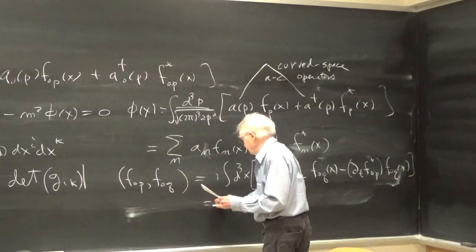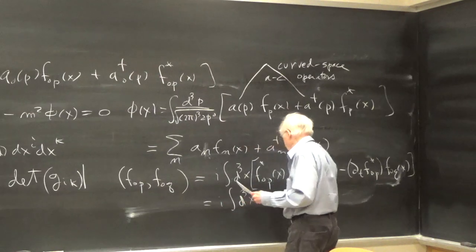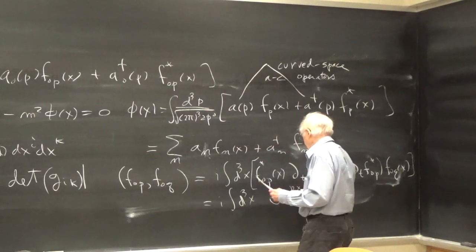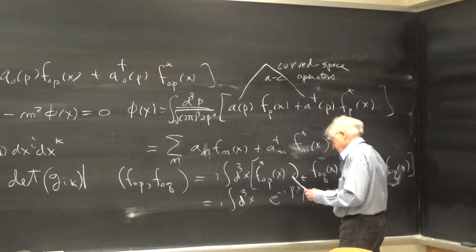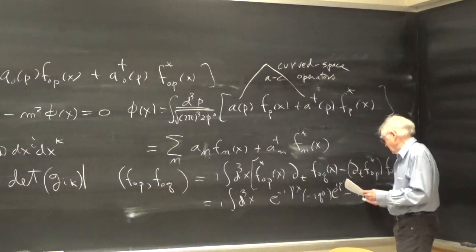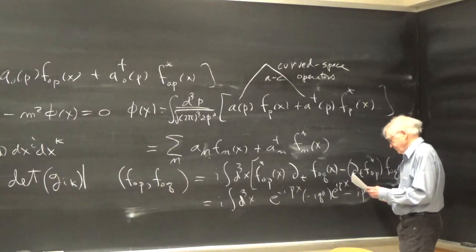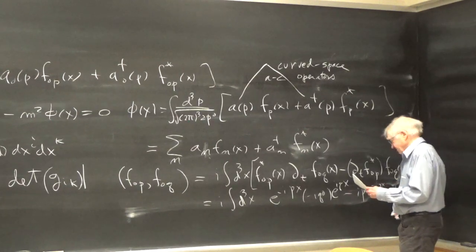And this turns out to be the integral d cubed x of e to the minus i px, minus i q0 e to the i qx, minus i p0 e to the minus i px e to the i qx.